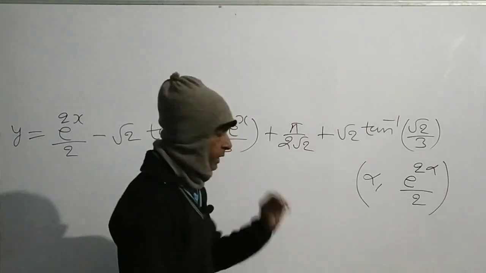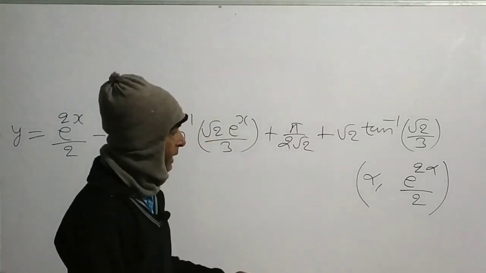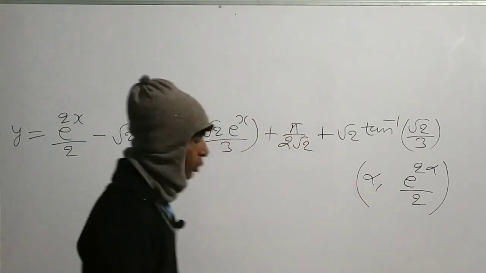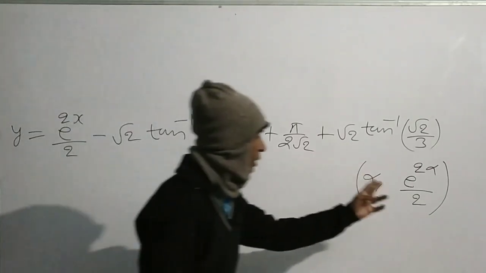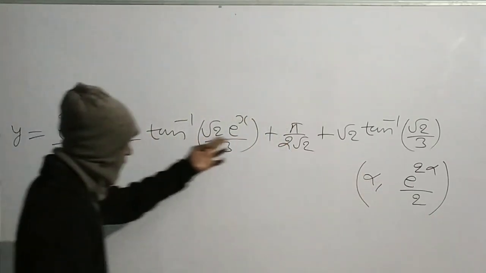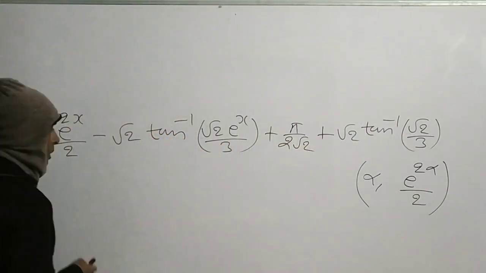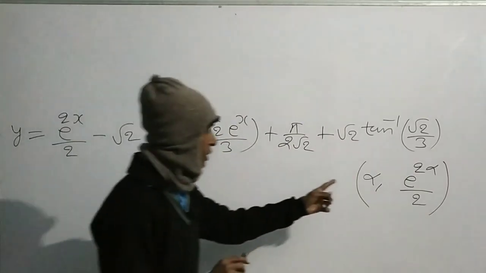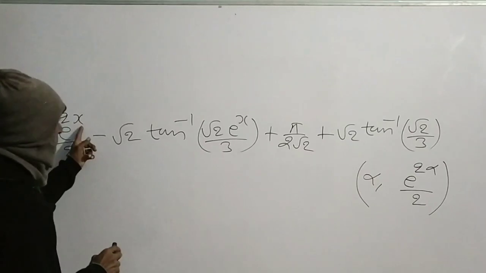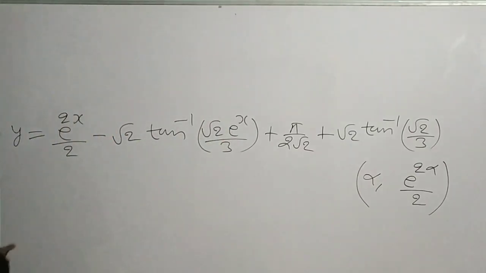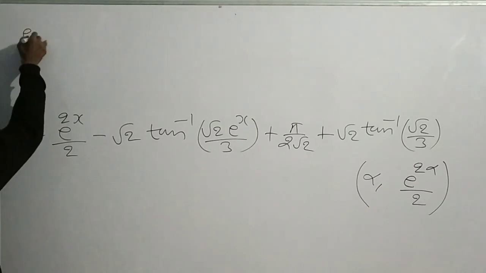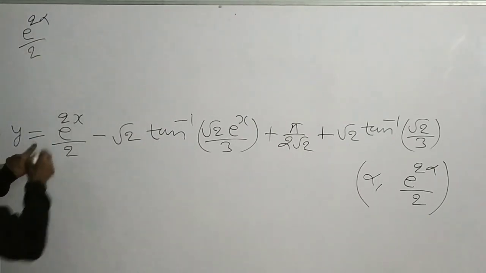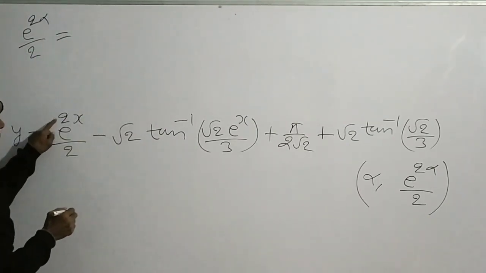In the question, it is also given that y is equal to y(x) passes through this point. Therefore, the coordinate of this point will also satisfy this equation. Put the y coordinate in place of y and the x coordinate in place of x. We get e to the power 2 alpha by 2 is equal to e to the power 2x.